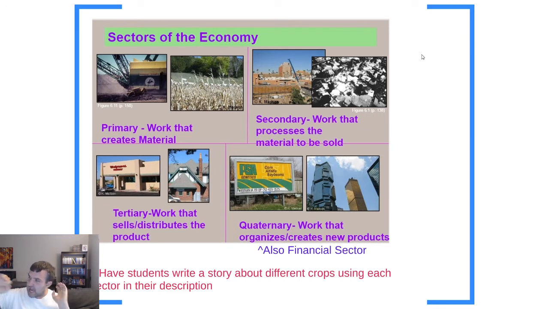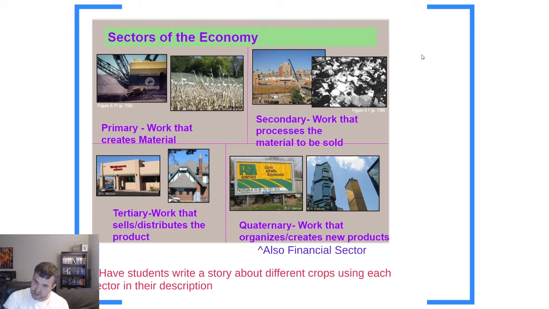And if you're out in nature getting resources, you are a primary sector worker. Okay, and then we get to the secondary sector. The secondary sector, typically I want you to think of factories. These are where people take the materials of the primary sector and process them into something that can be sold on the market. So that's the secondary sector.